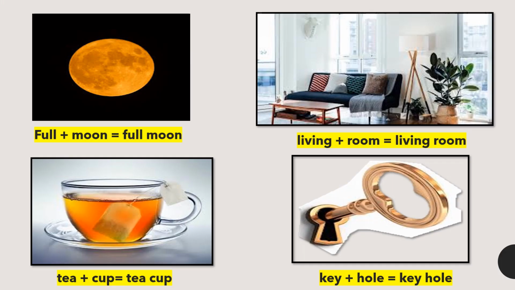More examples. Full moon: full, and then we add a space and the word moon. Living room: first word is living plus the word room, forming living room. Keyhole, key plus hole. Tea plus cup is teacup.